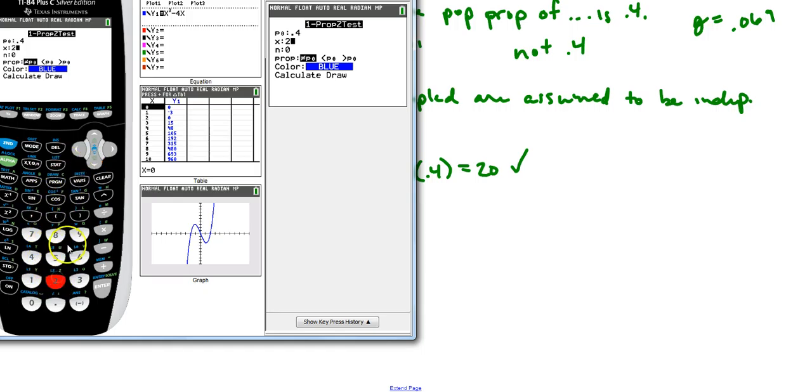We have 29 out of 50, which seems like it's significant enough, and we want to test that it is, we want a two-tailed test, so that's the option we're going to choose. Go through and calculate. Under the calculation, we have a Z statistic of 2.598 and a p-value that's pretty low, 0.009.